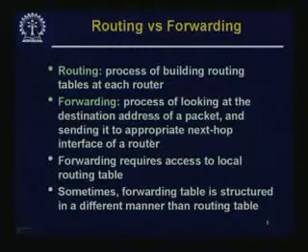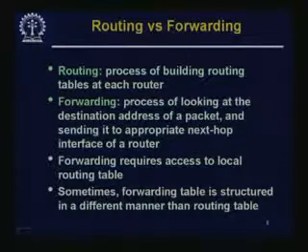So, you look up this table to see which interface I must send it to, and forward it. So, routing and forwarding are two different and distinct parts of the router, and actually sometimes these two are divorced even more.